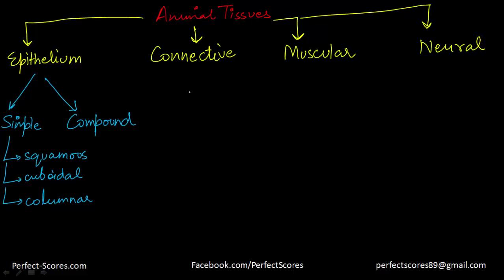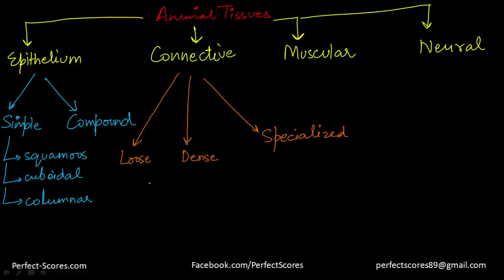Coming to the connective tissue, the connective tissue is of three main types. One is loose connective tissue, then you have dense connective tissue, and finally specialized connective tissue. Coming to loose, there are two main tissues that we'll be covering under this. One is areolar and the next one is adipose tissue.